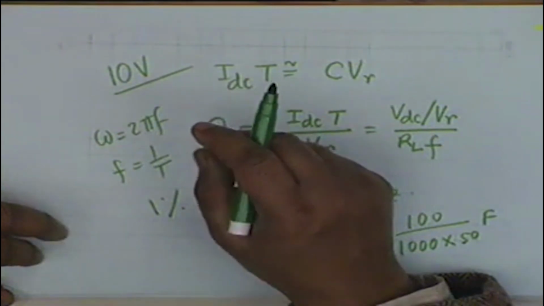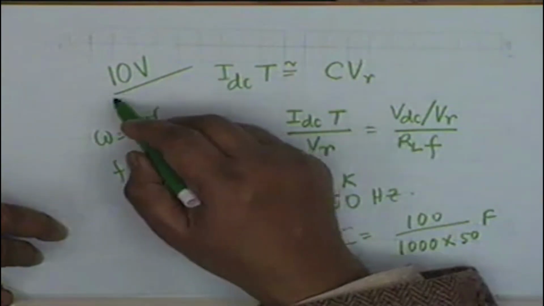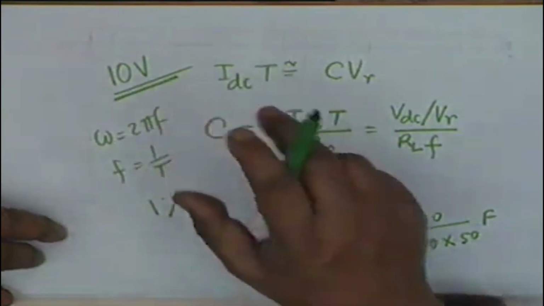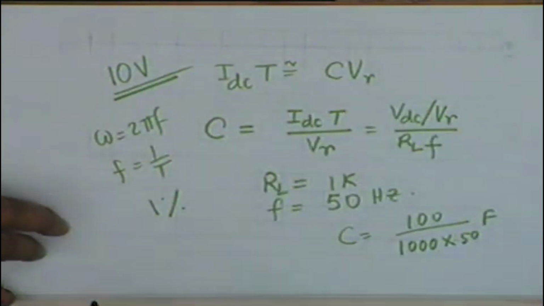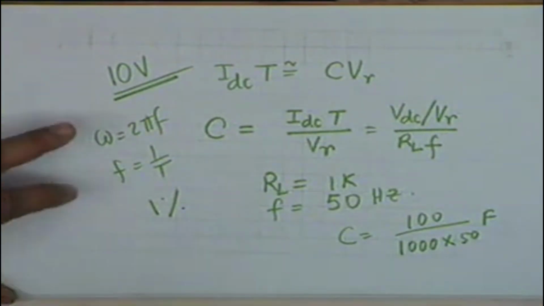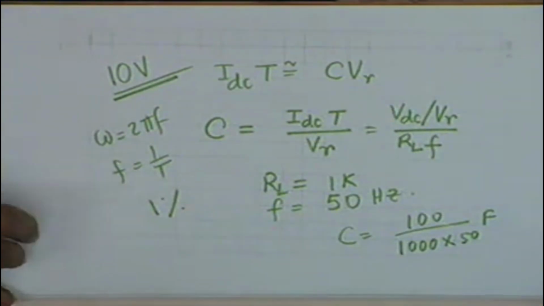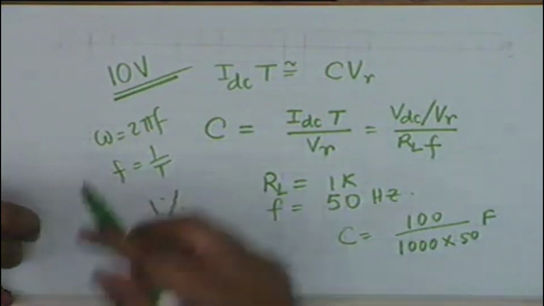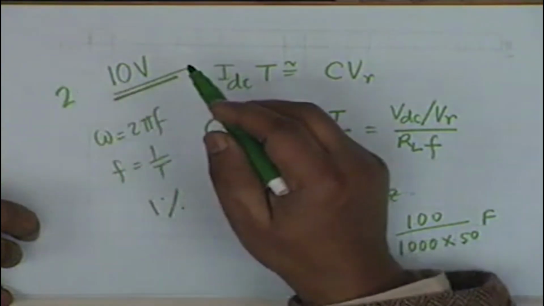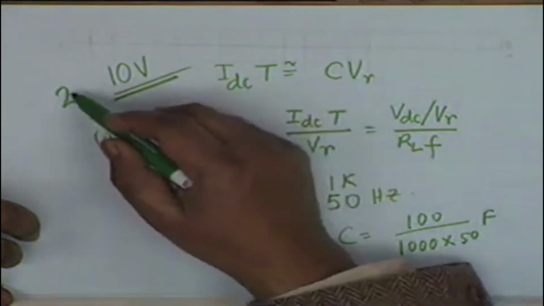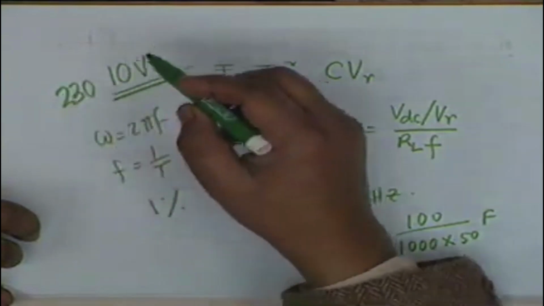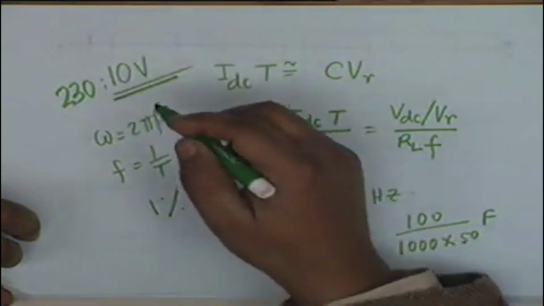The DC voltage required across the capacitor of the load is 10 volt. Then VDC is approximately equal to VM, the peak voltage across the secondary. And therefore, the transformation ratio that you need is 230 is to 10. Is that correct?